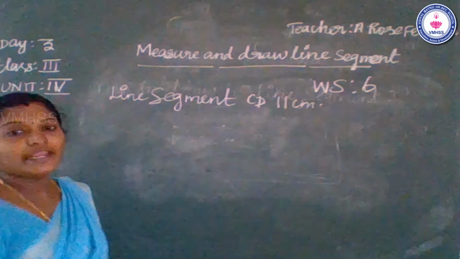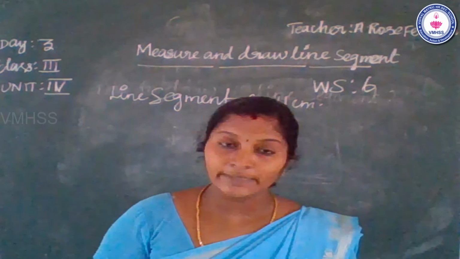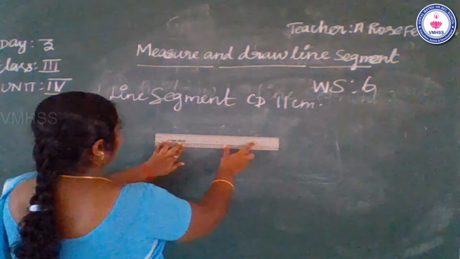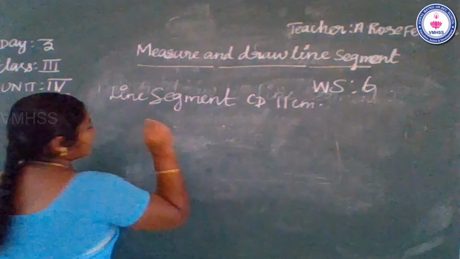So what is the main rule? Place the ruler, mark point P at 0 centimeter. So the first point is marked at 0 centimeter. So this is C.